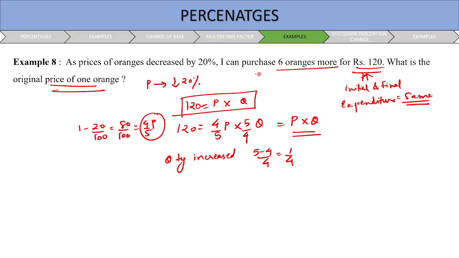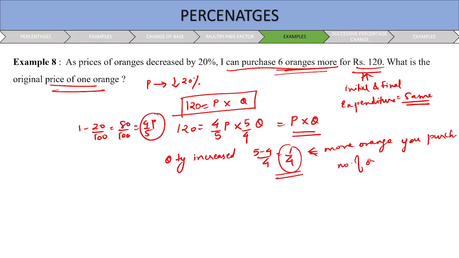Your quantity increased by 1 by 4. And with this quantity increase, there is also a statement given in the question that you can purchase 6 more oranges. So this 1 by 4 is nothing but your quantity increase, or the number of more oranges you are purchasing.